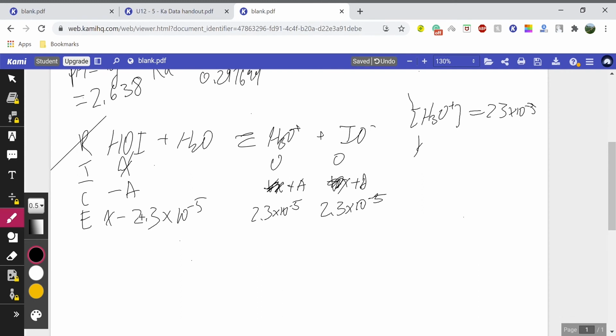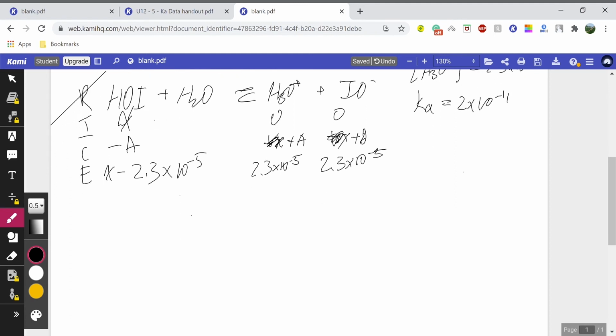Oh, sorry, the Ka is also given, which is 2 times 10 to the negative 11th. So Ka is equal to the products, 2.3 times 10 to the negative 5th times 2.3 times 10 to the negative 5th, which is basically a square, divided by x minus 2.3 times 10 to the negative 5th.